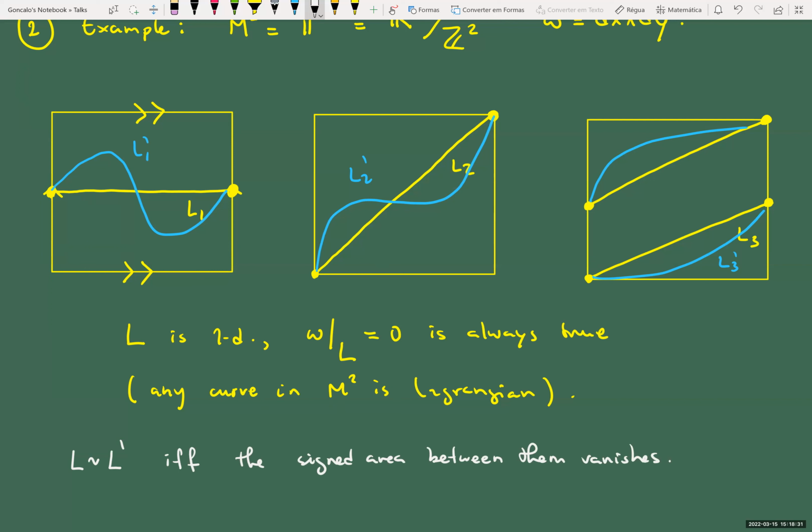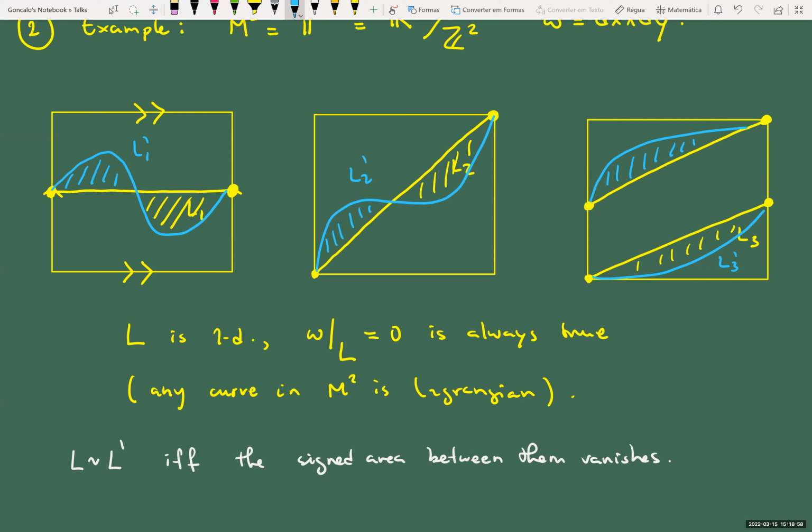Okay, so by the signed area, I mean, if you look at each of the pictures I've drawn, for example here, the area in yellow, where the yellow curve is on top, always needs to be the same as the area in blue, where the blue curve is on top. So I'm now going to draw the area in blue, where the blue curve is on top. And these areas need to be the same. So that is the condition that they be Hamiltonian isotopic.